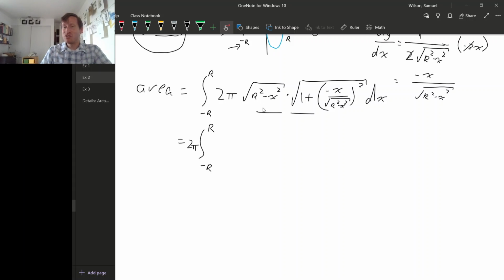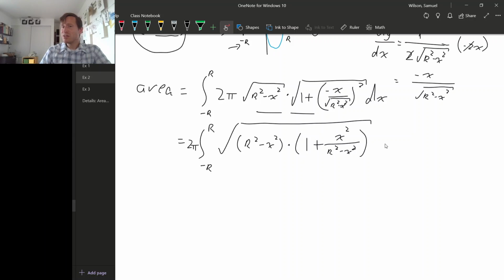The product of two square roots is the square root of the product of the insides. So we can write this as the square root of r squared minus x squared times 1 plus this stuff squared. I'll multiply out this squaring. It's x squared over r squared minus x squared.